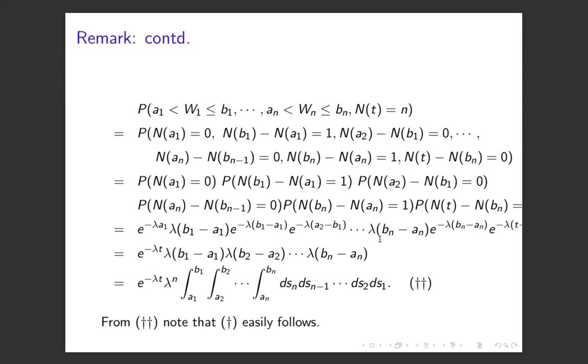And here you have lambda times (Bn minus An) multiplied with e to the power minus lambda (Bn minus An). That corresponds to the probability N(Bn) minus N(An) equal to 1. And the last term, that equal to 0, is e to the power minus lambda times (T minus Bn). So that is not coming out clearly here, but anyway, once you get the hang of it, you know how to do it.